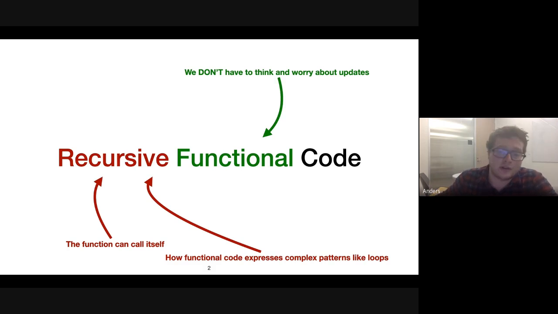And what do I mean by recursive? By recursive, I'm discussing how functional code can express complex patterns like loops. This is why recursion is particularly important: in this kind of core calculus, it's how you can handle unbounded computation.